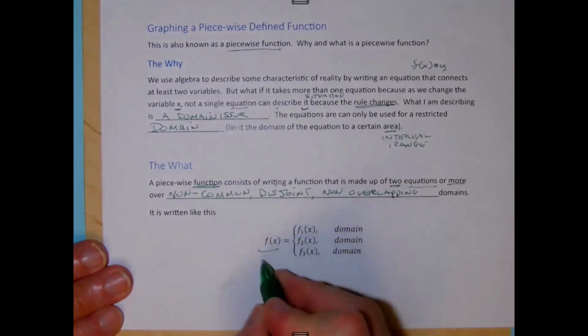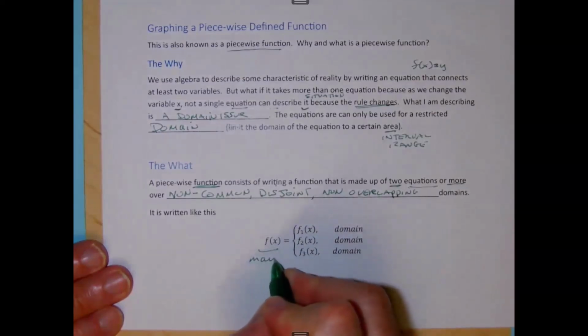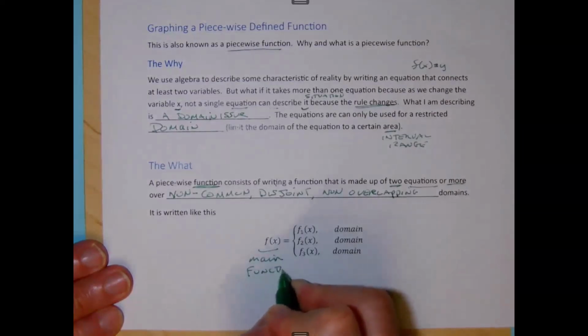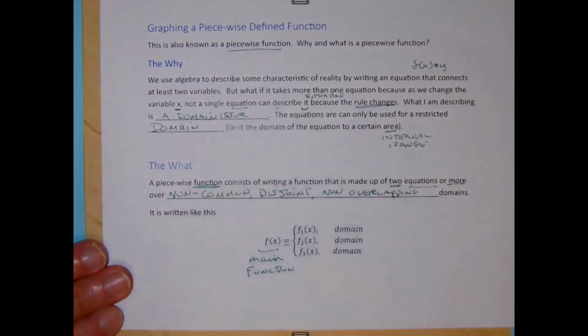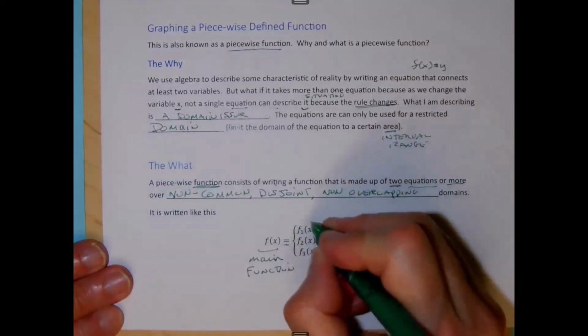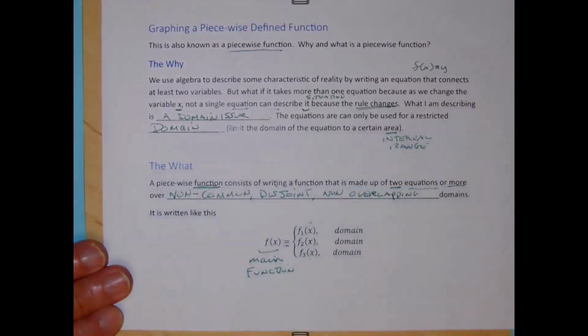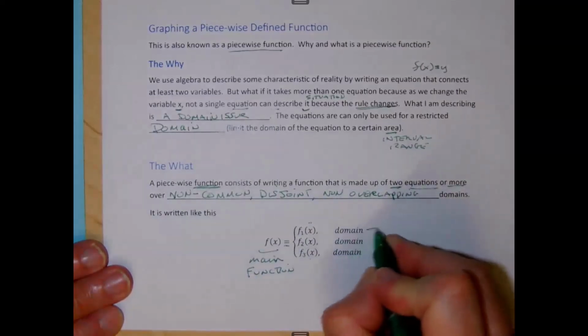Here's the function, the main function. And what we're saying is this main function is equal to not one, but one, two, in this case three, it could be more, could be two. But this is the restriction.